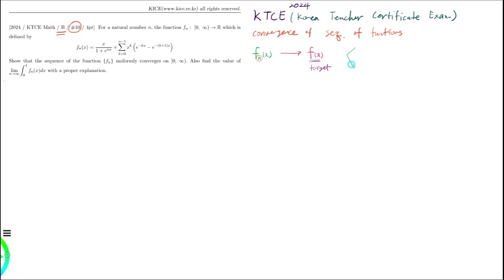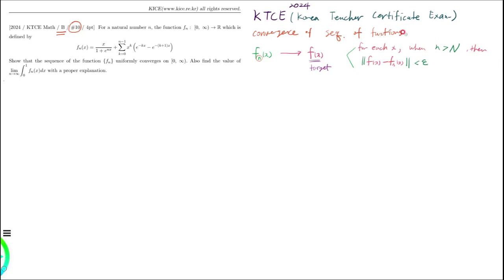The first case is where for each point x in the domain, when n is large enough, larger than the capital N, then the norm of the difference between the target function and the sequence of functions can be as small as you want, say epsilon.